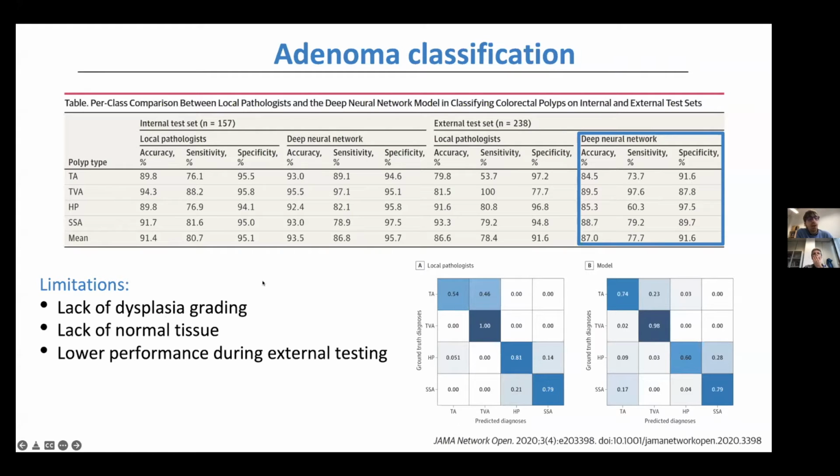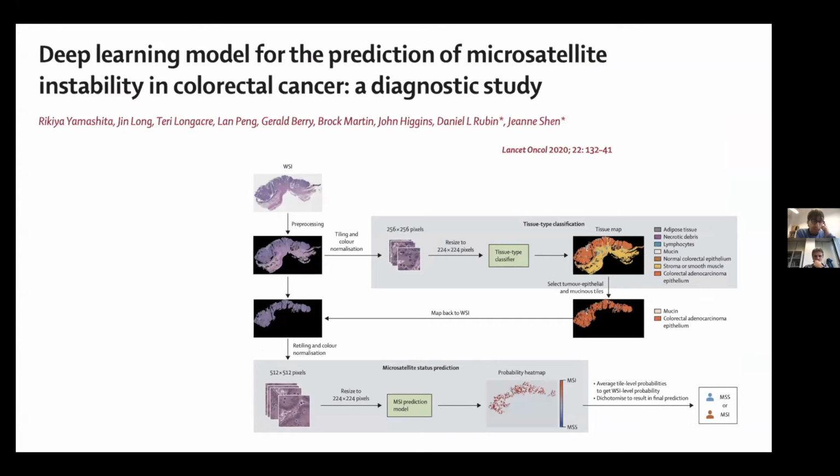And also lower performance during external testing, which is one of the greatest and most common problems in this setting. When you try to replicate your analysis on completely different images, you will get poor results for many different problems, but it would take too much time to discuss.